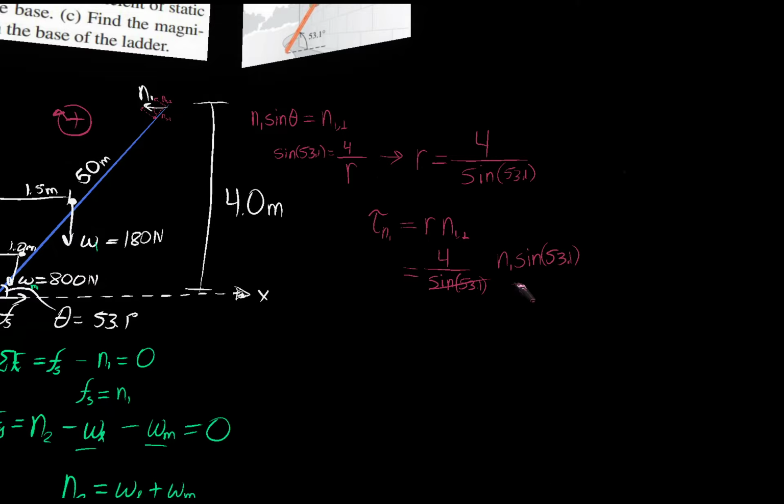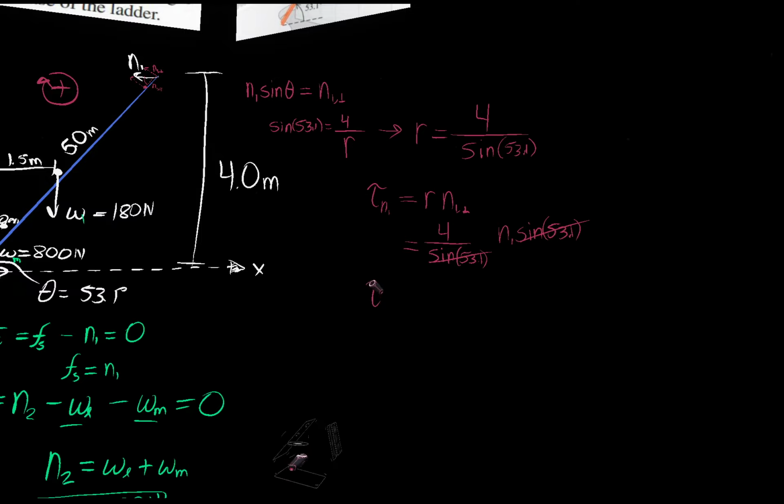And look at this, all the trig stuff cancels right out. And so the torque about that axis, caused by this force N1, the normal force of the wall on the ladder, is 4 times N1. So it all kind of cancels out.